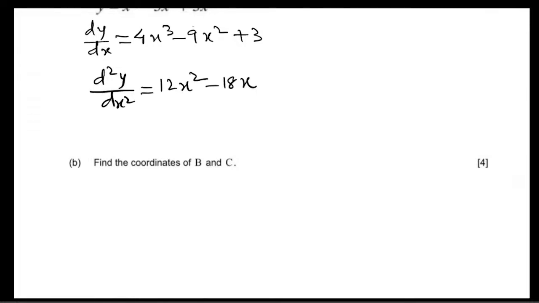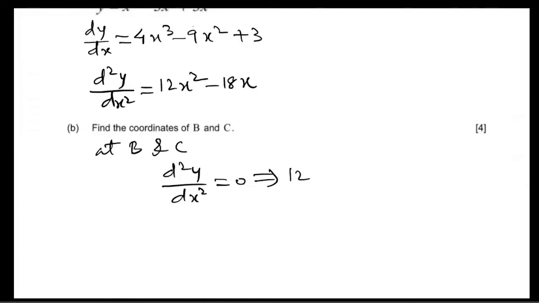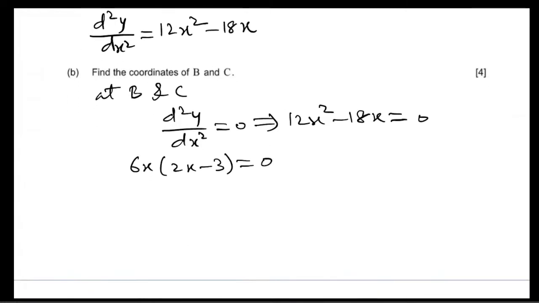Find the coordinates of B and C. Now remember that B and C are points of inflection. So at B and C, d2y by dx square will be 0. Okay, so it means 12x square minus 18x is equal to 0. 6x is common factor, so 2x minus 3 will be the second factor.